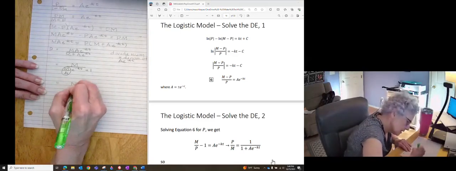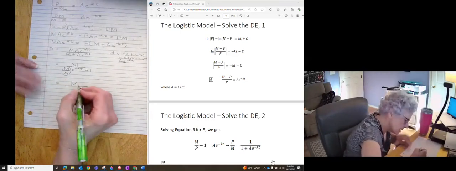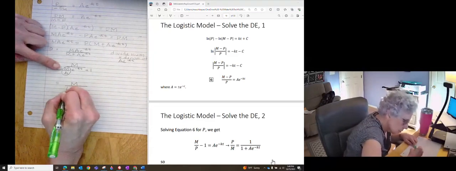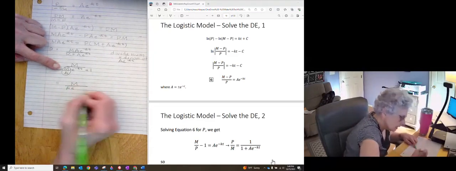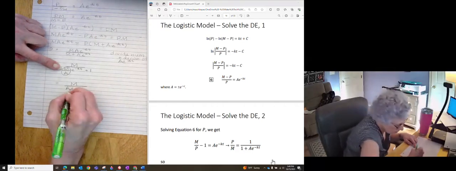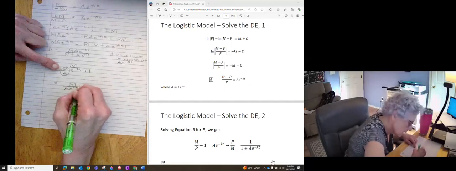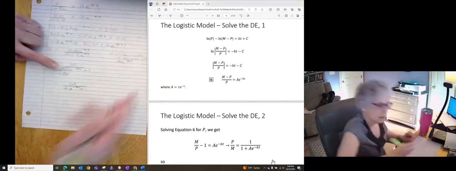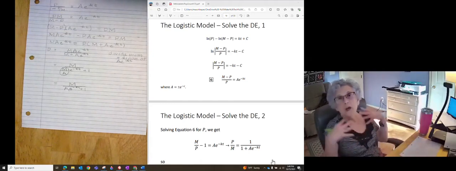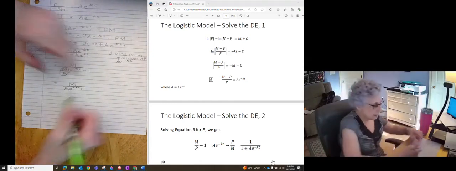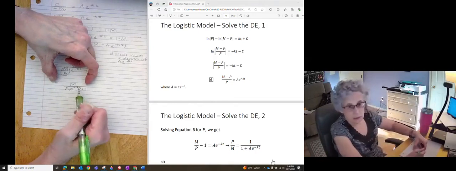So this is equal to carrying capacity over some number, and I'm going to name it A1 just so we don't get confused, e to the negative kt plus 1. So this is something that you're going to get every single time.